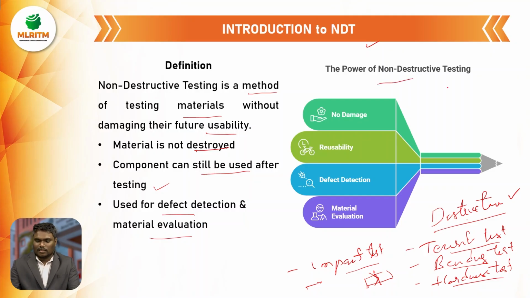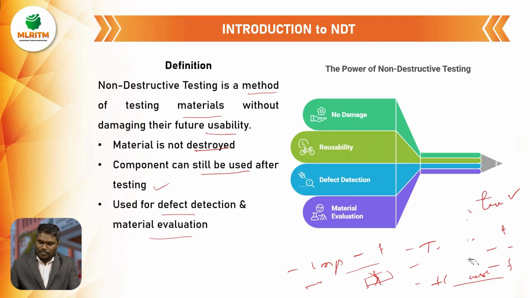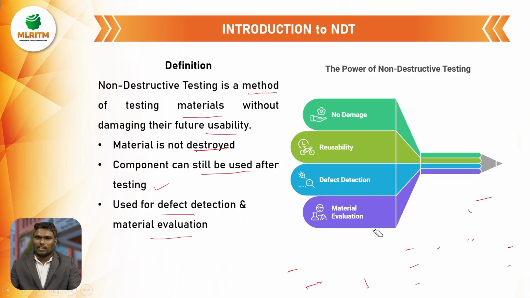Mainly NDT, non-destructive testing, offers no damage and reusability, defect detection and material evaluation. These are the different benefits we can gain by using non-destructive testing methods, following the basic principles. These are the advantages.